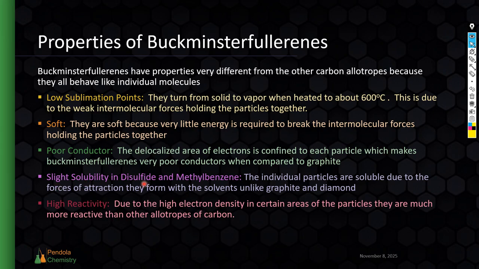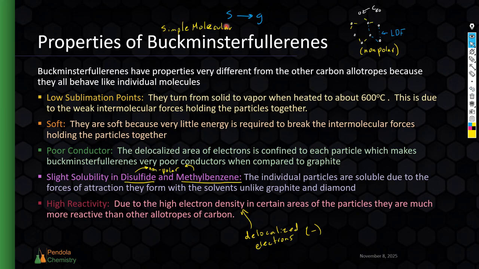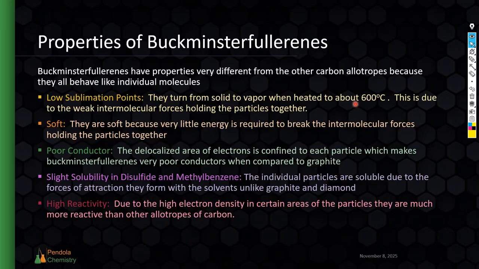And they're highly soluble in disulfide and methylbenzene because they're considered to be simple molecular structures which are non-polar in nature, and so they will dissolve in non-polar solvents like disulfide and methylbenzene.